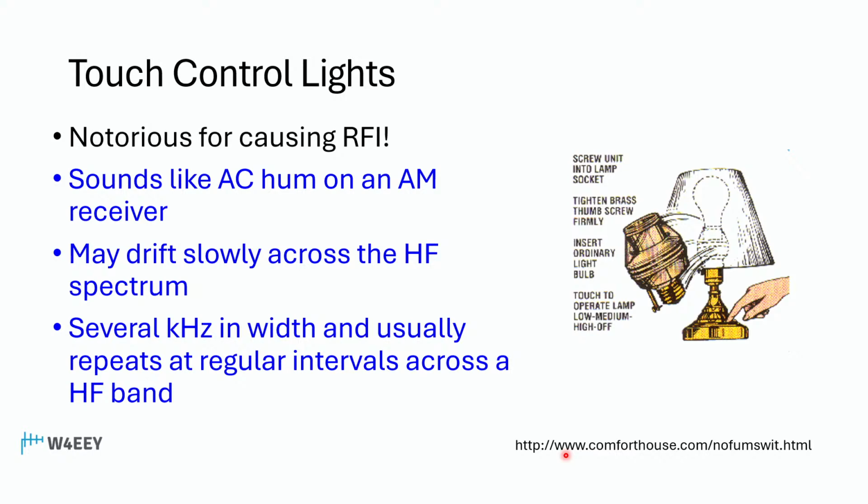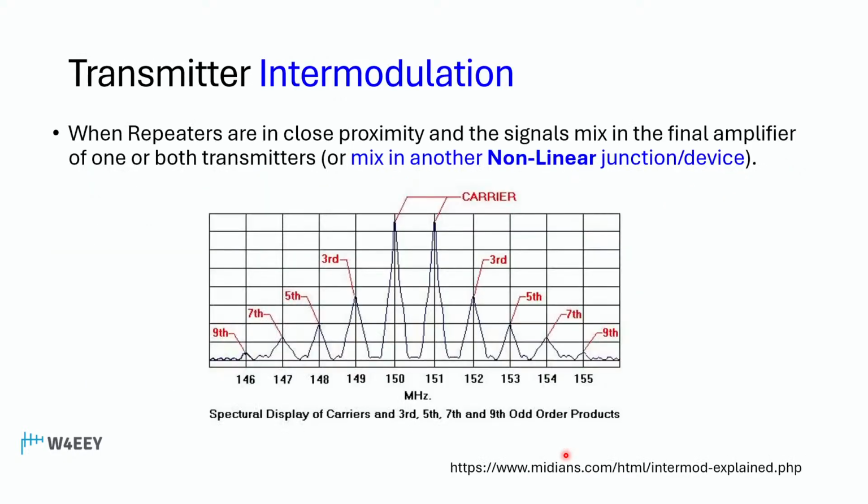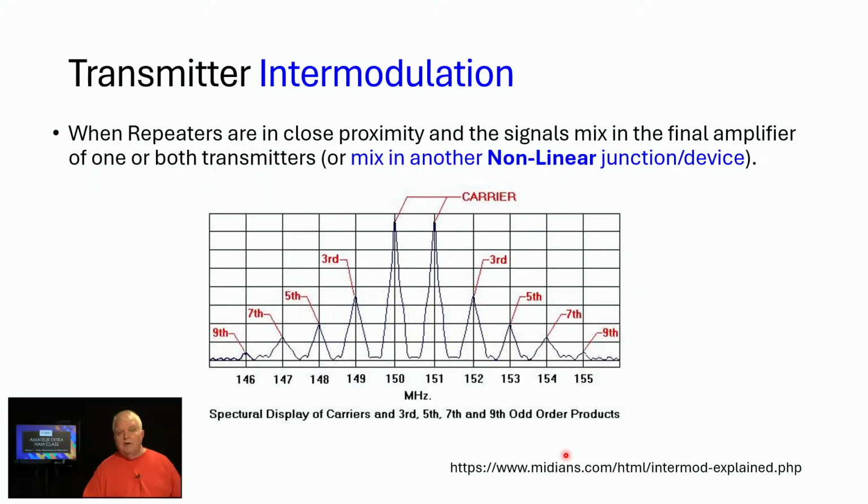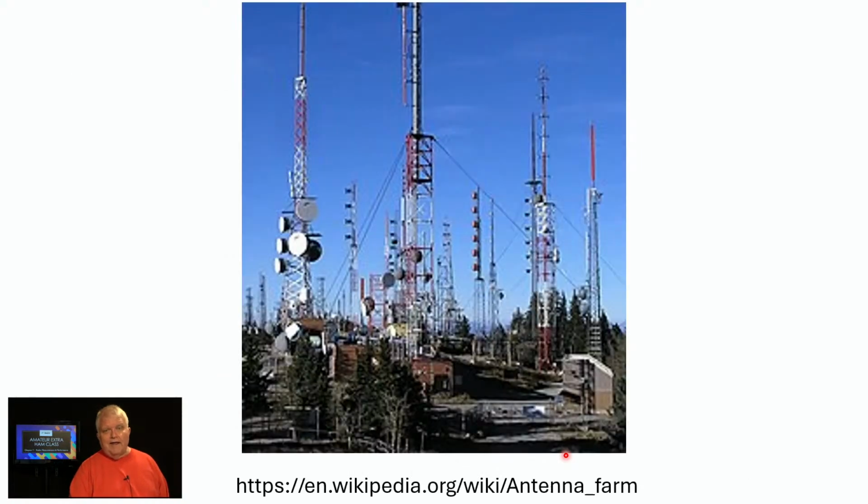Transmitter intermodulation. This is when you have two transmitters near each other. Think Field Day for amateur radio, or think a commercial site like this. Transmitters on top of a mountain like this will interfere with each other. The signal from one transmitter will go to the antenna, be received on another antenna, and go back into somebody else's transmitter.